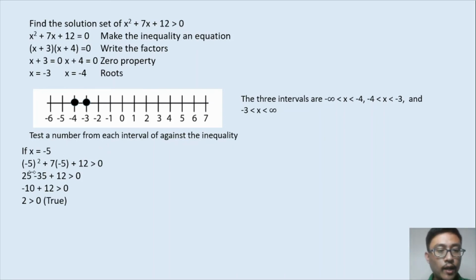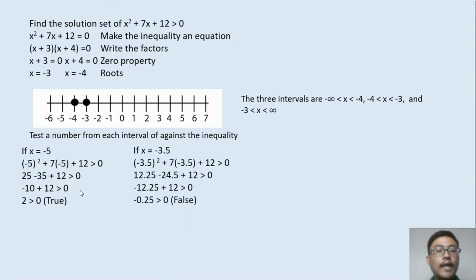So, negative 5 squared plus 7 times negative 5 plus 12 is greater than 0. Negative 5 squared is 25, plus 7 times negative 5 is negative 35, plus 12 is greater than 0. 25 minus 35 is negative 10 plus 12. Negative 10 plus 12 is 2, greater than 0. So that is true.